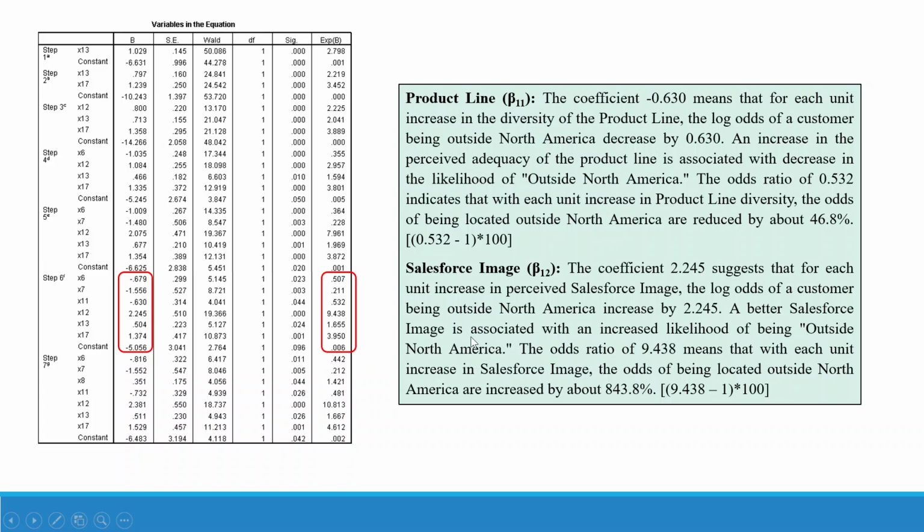A better sales force image is associated with the increased likelihood of being outside North America. The odds ratio of 9.438 means that with each unit increase in sales force image, the odds of being located outside North America are increased by about 9.438 minus 1 into 100, 843.8 percent. So this is a very significant predictor variable.